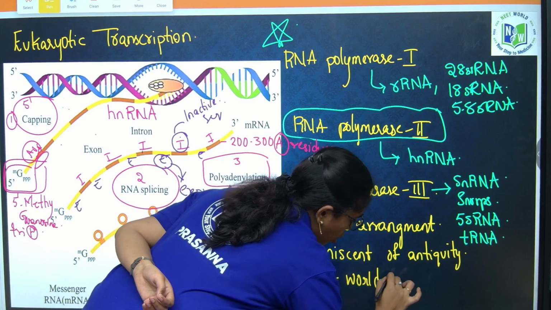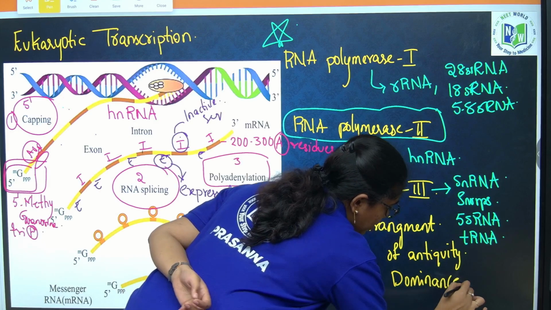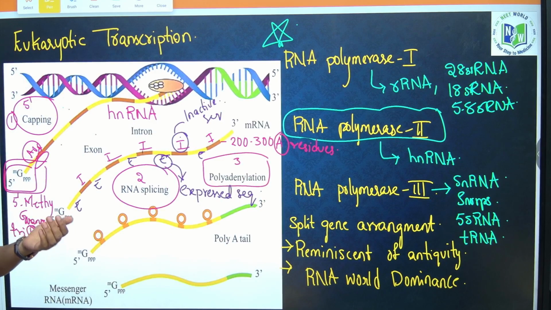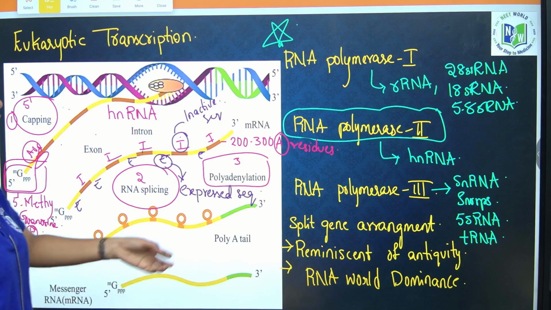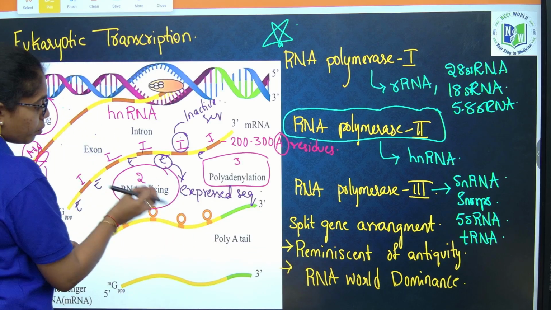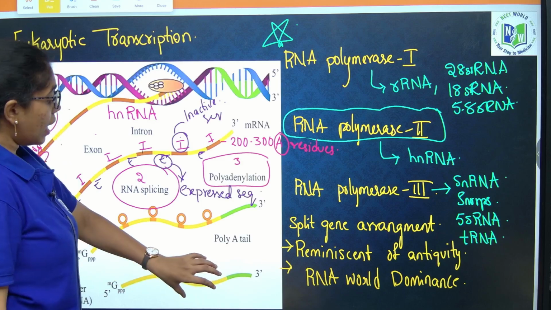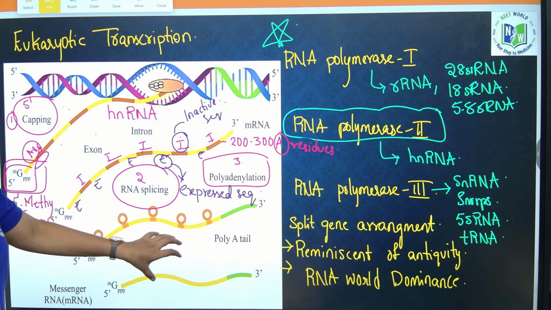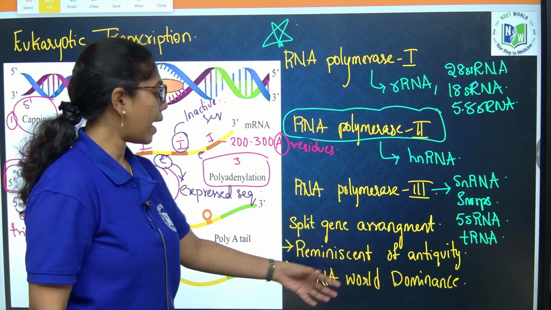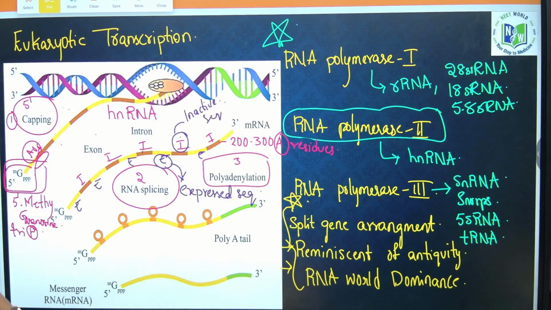DNA doesn't have any such feasibility to cleave its unexpressed sequences and maintain only the expressed sequences, whereas RNA has that feasibility, removing all the inactive sequences and joining only the expressed sequences, which reflects the dominance of the RNA world. These 3 points are very, very important, do remember them.